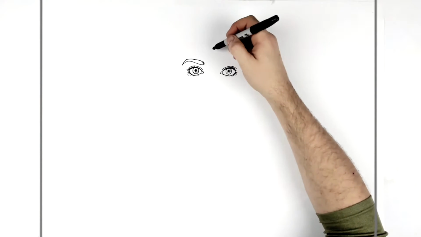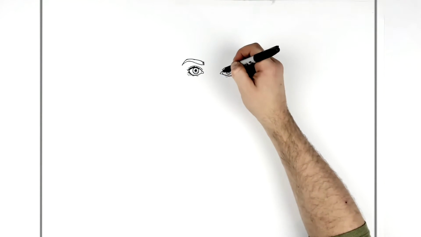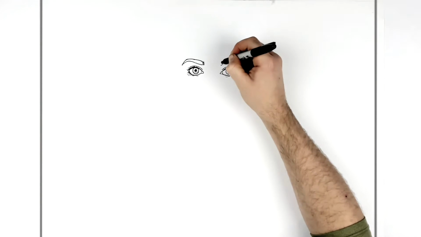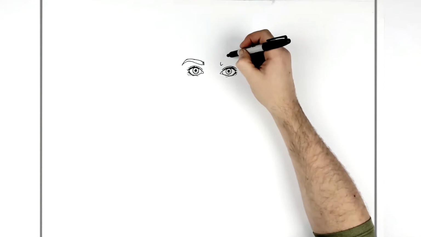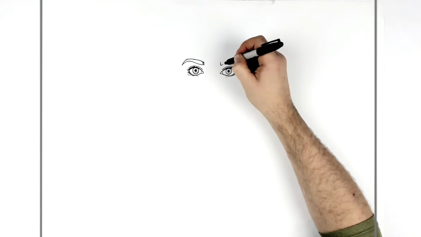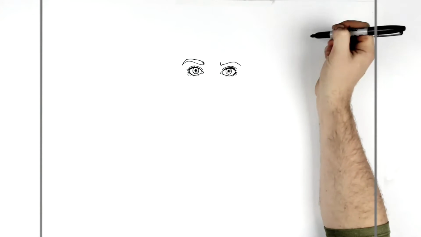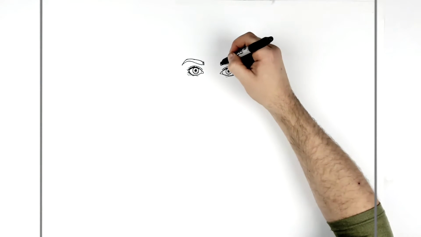Right, and then the other eyebrow just around here as well. So we're just above the tear duct, across about the same level, right? It's back like so, and curves down again, right? Same sort of thing.